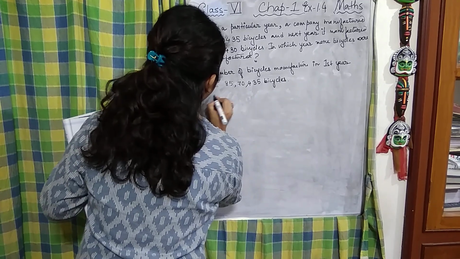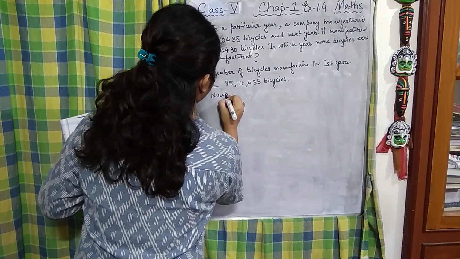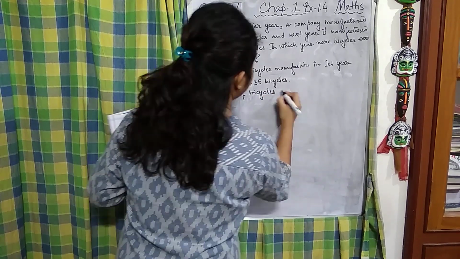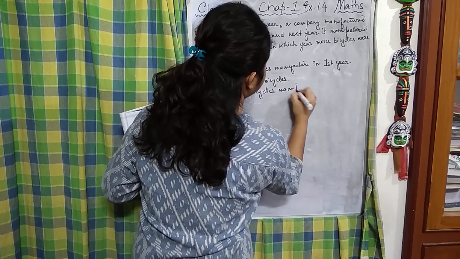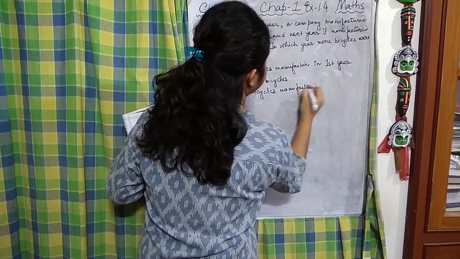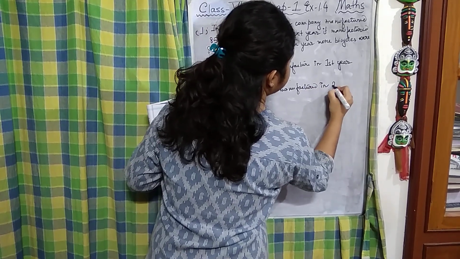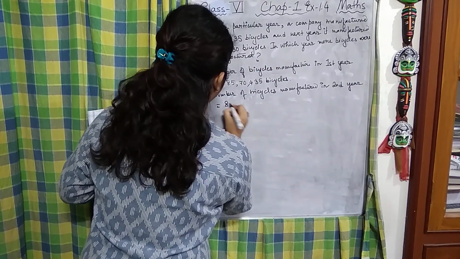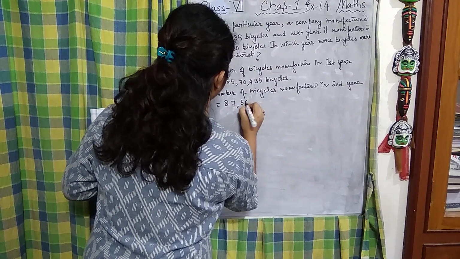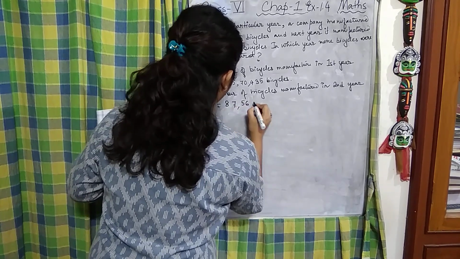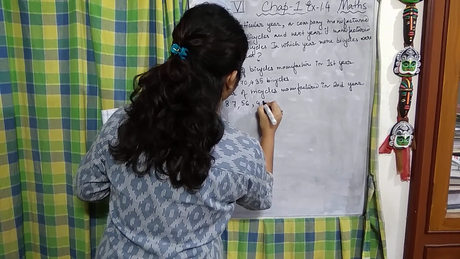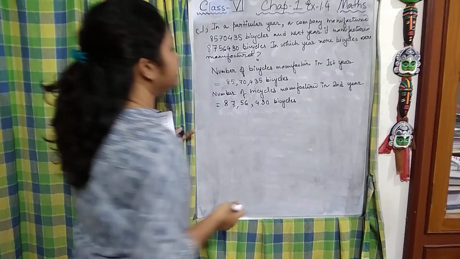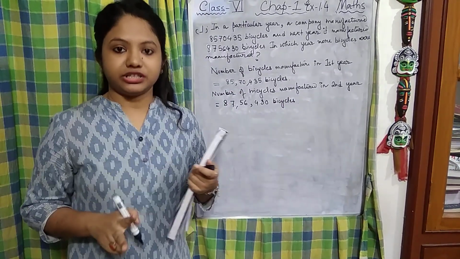Then in the next year, the number of bicycles manufactured in the second year is equal to 87,56,430 bicycles. Now see, here there are two operations.